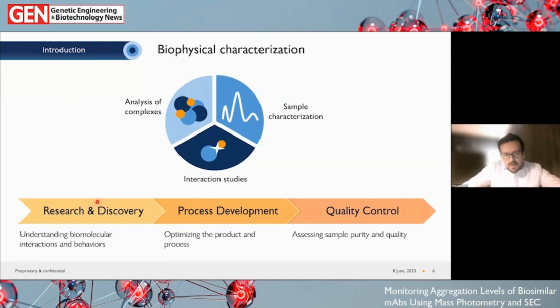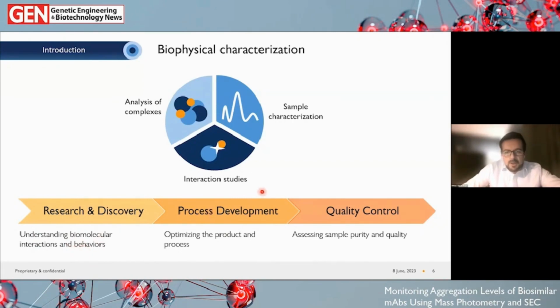So within that, particularly from the perspective of industry, we can break this down into broad areas of research and discovery, process development, and quality control. And so a classic value chain in the biopharma industry, and often mass photometry can be deployed at various points here. So in research and discovery, for trying to get a fundamental understanding of how biomolecules interact, how they behave.